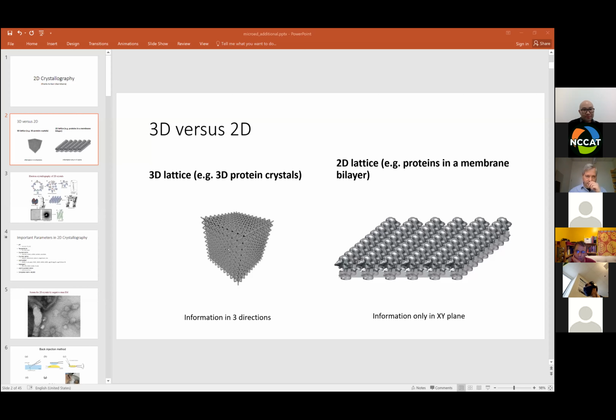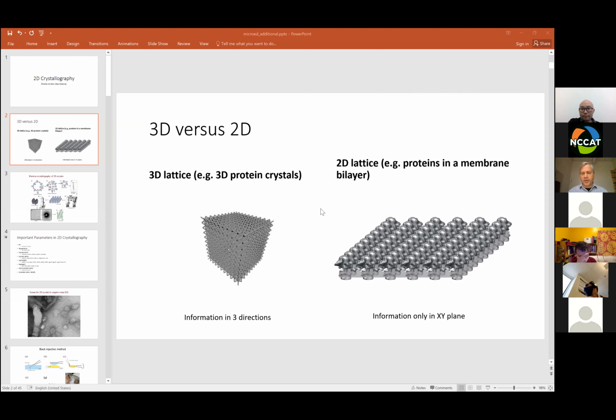I prepared a few slides. I realized I sort of cheated in my talk, because I didn't really talk about 2D at all, and just talked about MicroED. So I'll go through a little bit of what 2D crystallography is and what the difference is, because there were some questions about that.